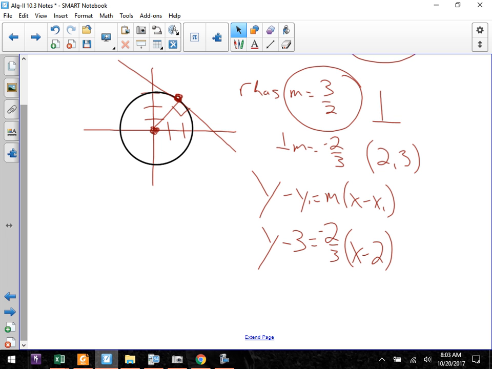Whenever you write equations of lines, make sure you put them in slope-intercept form. So you're just going to distribute and solve for y. You distribute out there, and you're going to get negative 2/3 x plus 4/3.